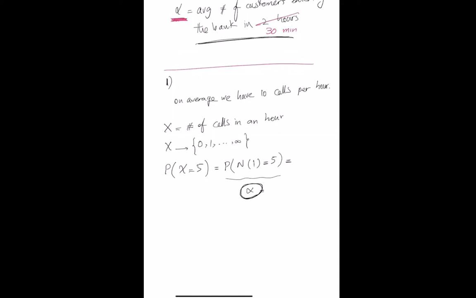Alpha shows the average number of calls in 1 hour. In 1 hour. That is important. If my random variable x shows number of calls in an hour, then alpha also should show average number of calls in an hour. And here in the problem is given to us. On average, we get 10 calls per hour. So the alpha here is 10.